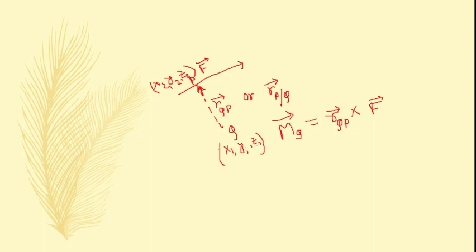If we take the cross product of this position vector with this force vector, then we get the moment about this point Q.